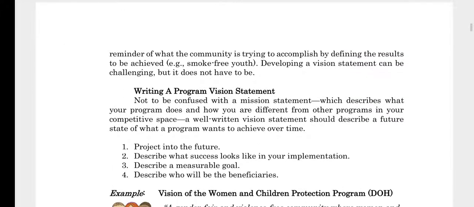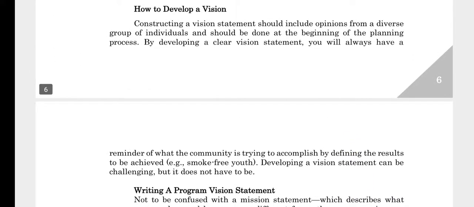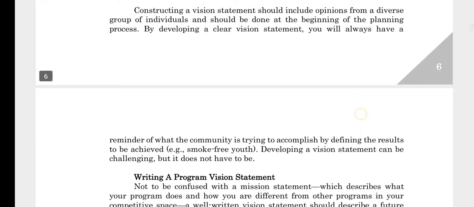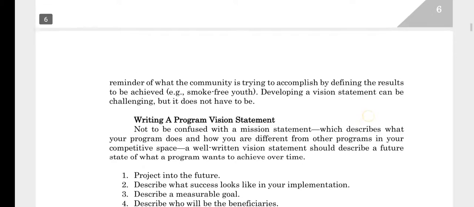So for writing, by the way, what is a vision statement? When we say a vision, this is what the program is trying to accomplish. This statement includes what your program is trying to accomplish in a certain period of time.